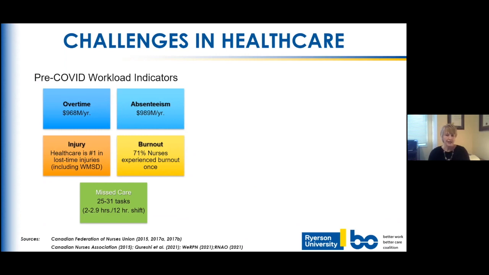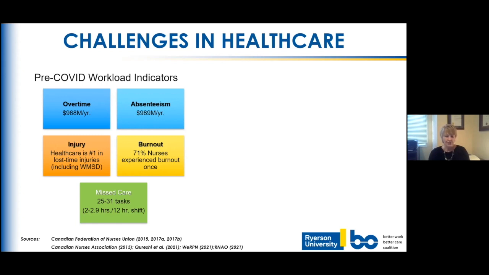In addition, Canadian data from other reports and studies indicate that healthcare is number one in lost time work-related musculoskeletal disorders. And other research also has found that 71% of nurses have experienced burnout at least once in their career.